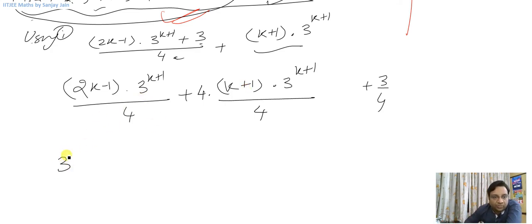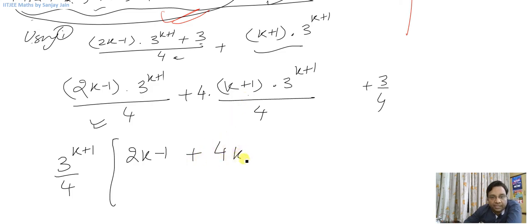So 3 raised to power k plus 1, if I take common from the first 2 terms and 4 also here, I'll have 2k minus 1 from the first term, and from this term I'll have 4k plus 4, right? This 4 has gone outside. Now I am left with 4k plus 4, and then in the end 3 by 4 here.